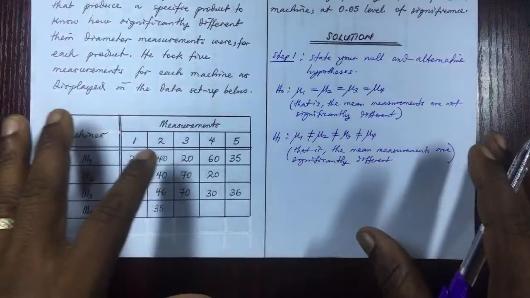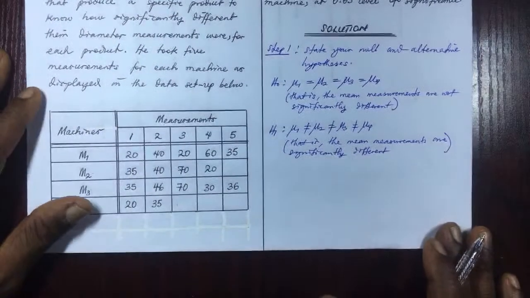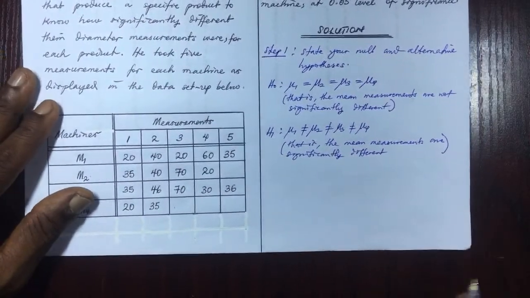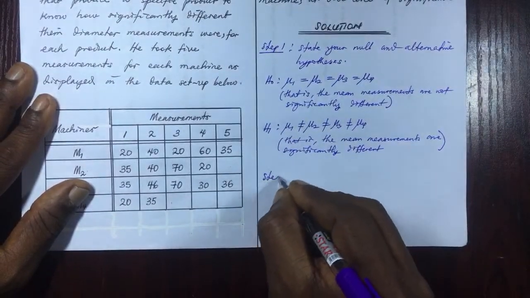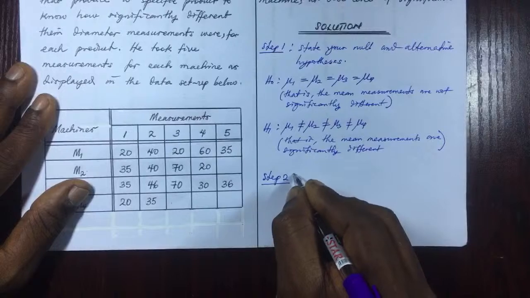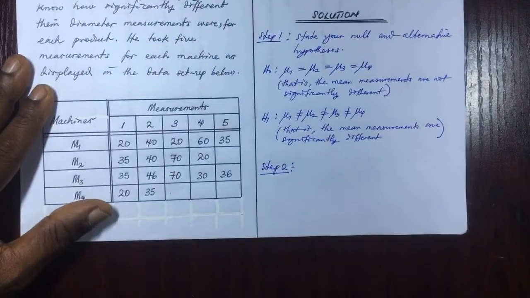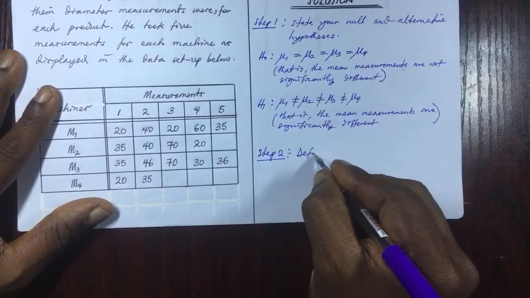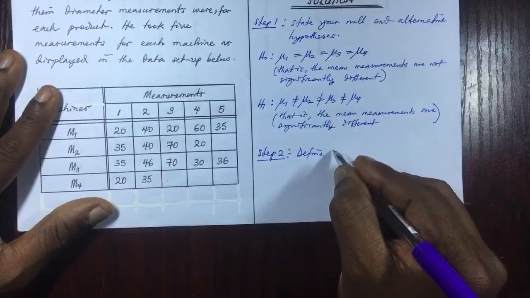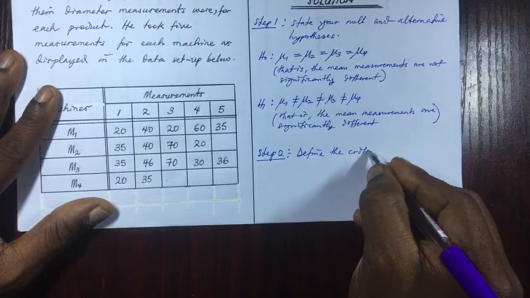So once you've stated your null and alternative hypothesis, the next thing you do will be to go to step 2. Guys, what are we to do in step 2? In step 2, you are to define your critical region.